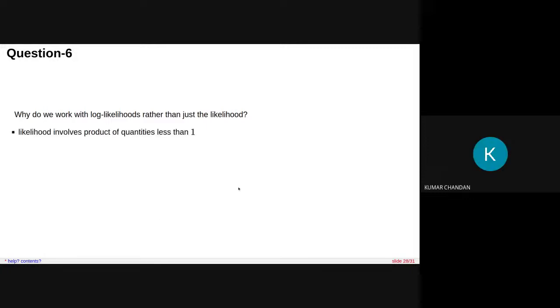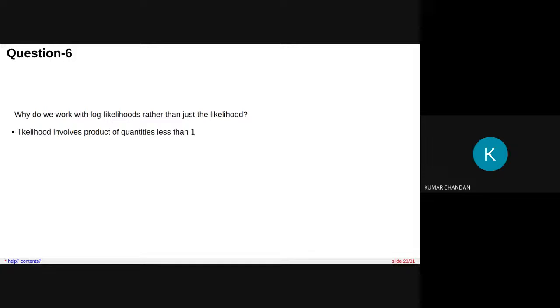Actually, can I add something? Yes. We are concerned here with finding the value at which it is maximum, not the maximum value itself. If we want to find the maximum value, we can't use the log. Since we are concerned with the variable at which it is maximum, we can use the log.